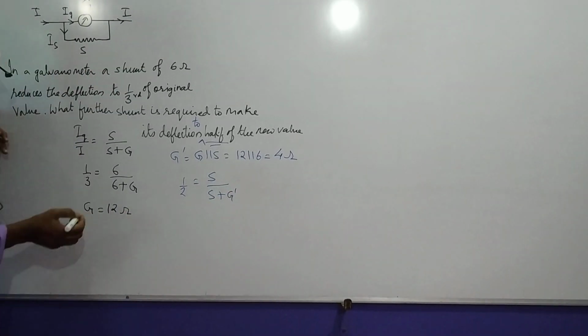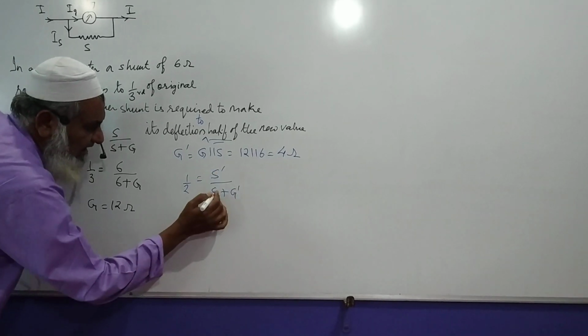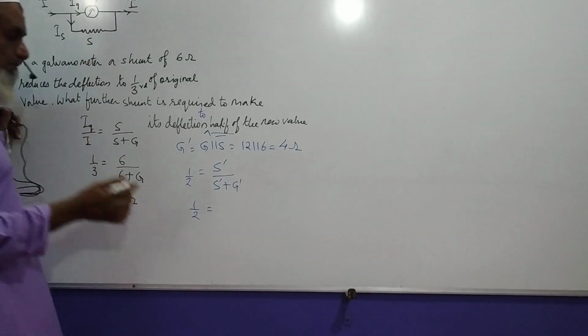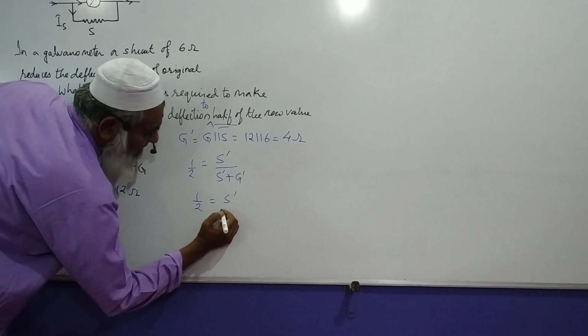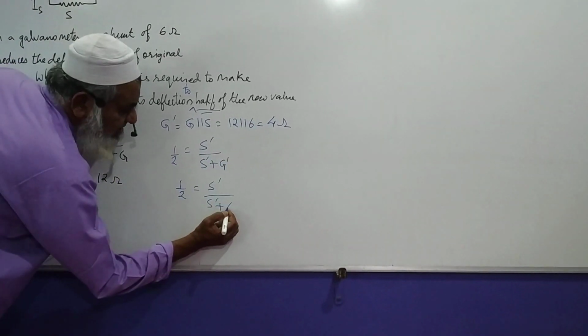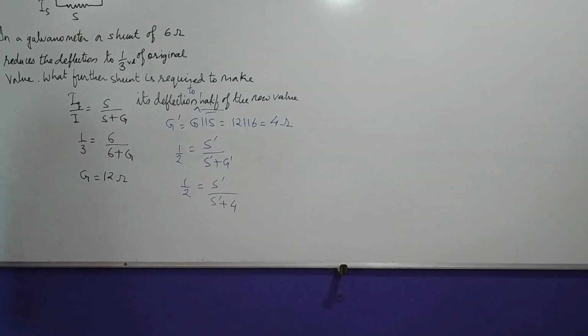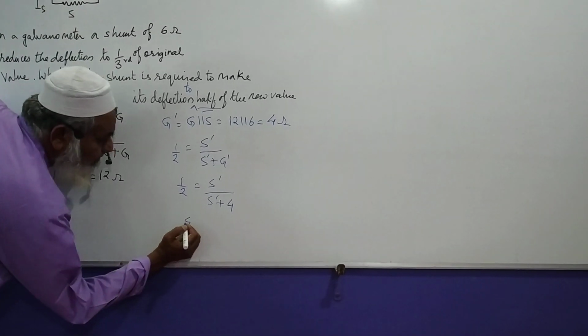Now this S which I will get, I can call it S dash. So half is equal to S dash upon S dash plus G dash, where G dash I calculated as 4. So if I cross multiply, then I should get S dash is equal to 4.